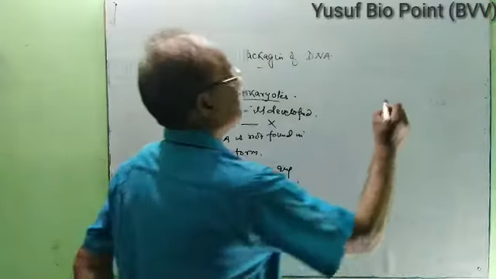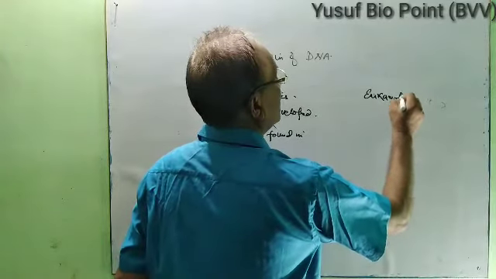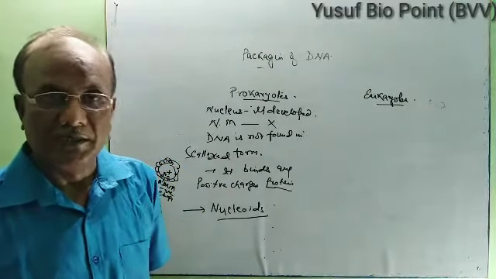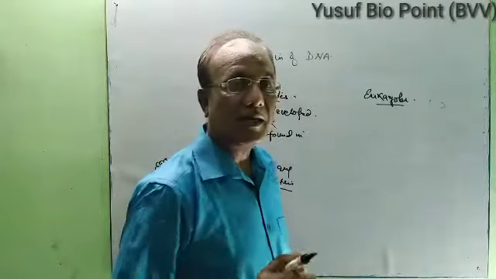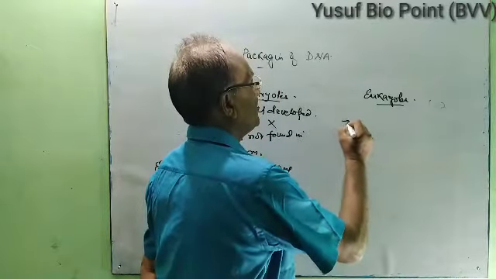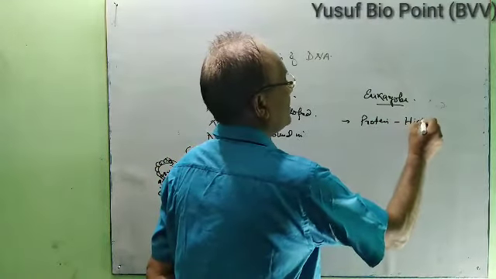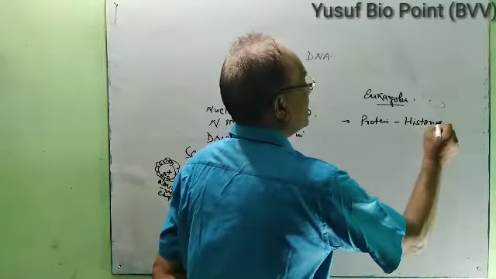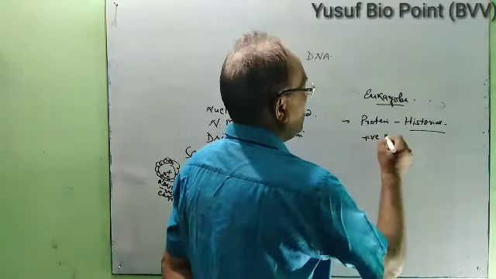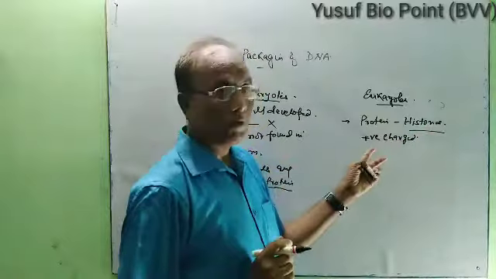But in the eukaryotes, the situation is somewhat different. The DNA is packaged around the histones, means proteins. Histones are responsible, and this protein histone is positively charged.